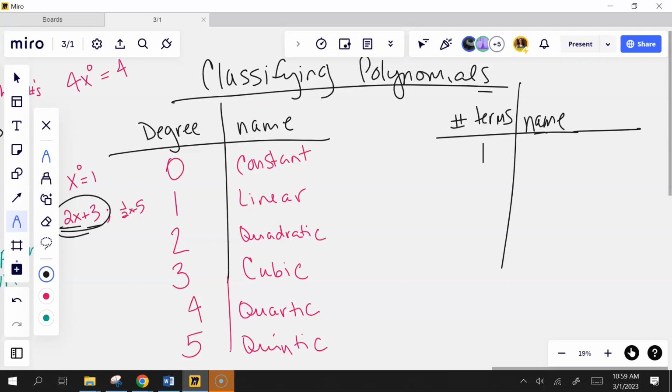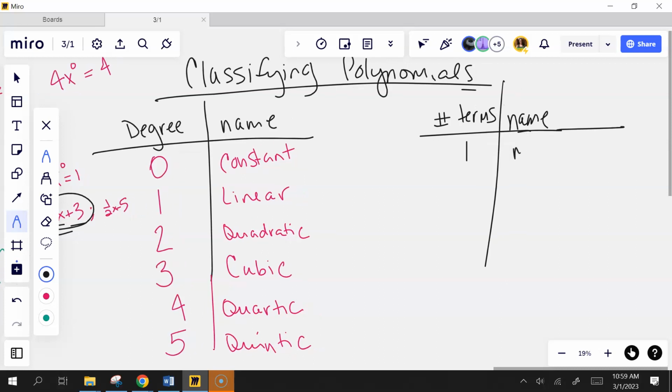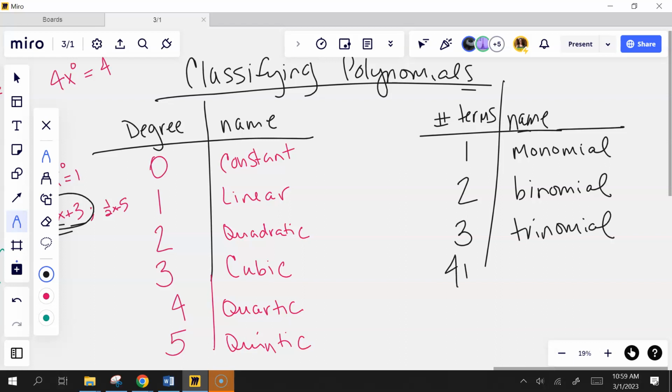So if it has one term, no matter what that term is, we call it a monomial. 2 terms, binomial. How about 3 terms? Trinomial. And then 4 and beyond, we just call them poly for many, polynomial.